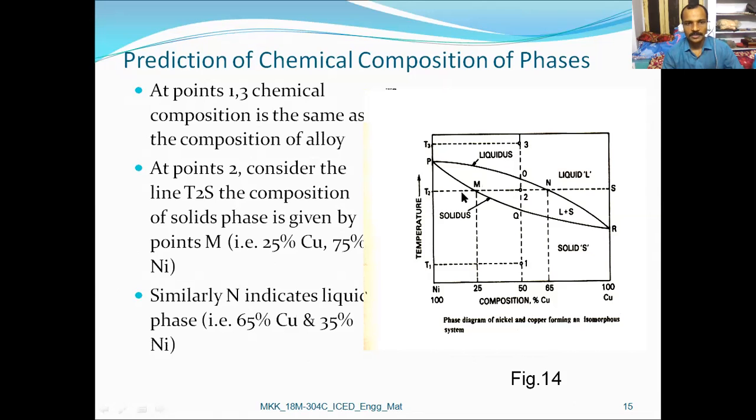The composition of the solid phase is given by point M, that is 25% copper and 75% nickel, out of 100%.